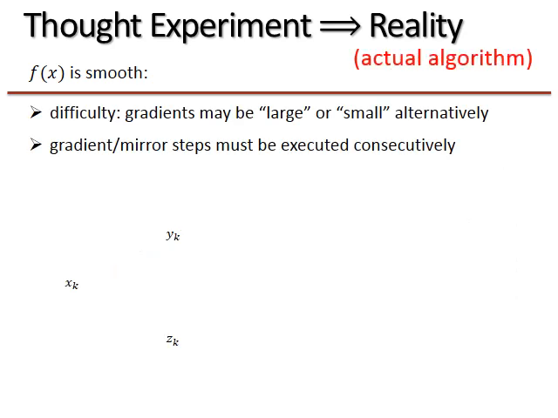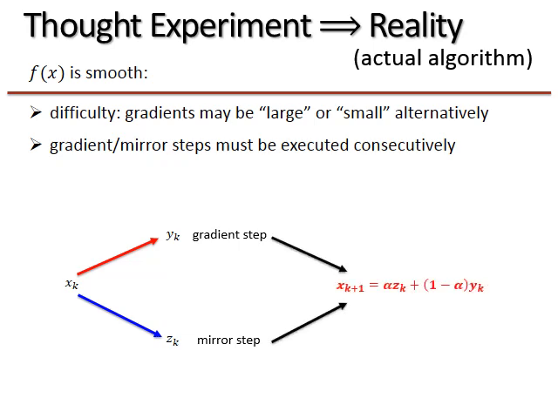So here is the actual algorithm, and also the simple fix to the dilemma on the previous slide, which is the following. At any iteration, let me perform two steps, both the gradient and the mirror step, regardless of the size of the gradient, and then choose to use a linear combination of the two.